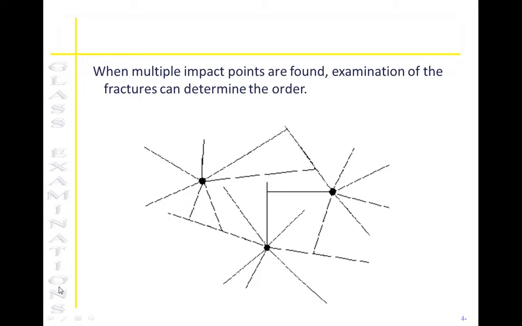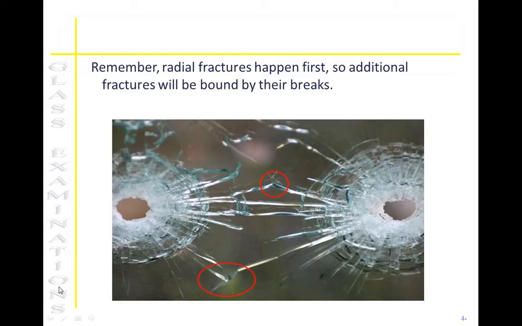In this instance, you can see that the impact that is on the very left-hand side of the slide, the radial fractures stop when they meet the fracture lines from the two previous impacts. So if you look at an actual piece of glass, you can sometimes determine from examining where the fractures meet each other which impact is first and which one is second.